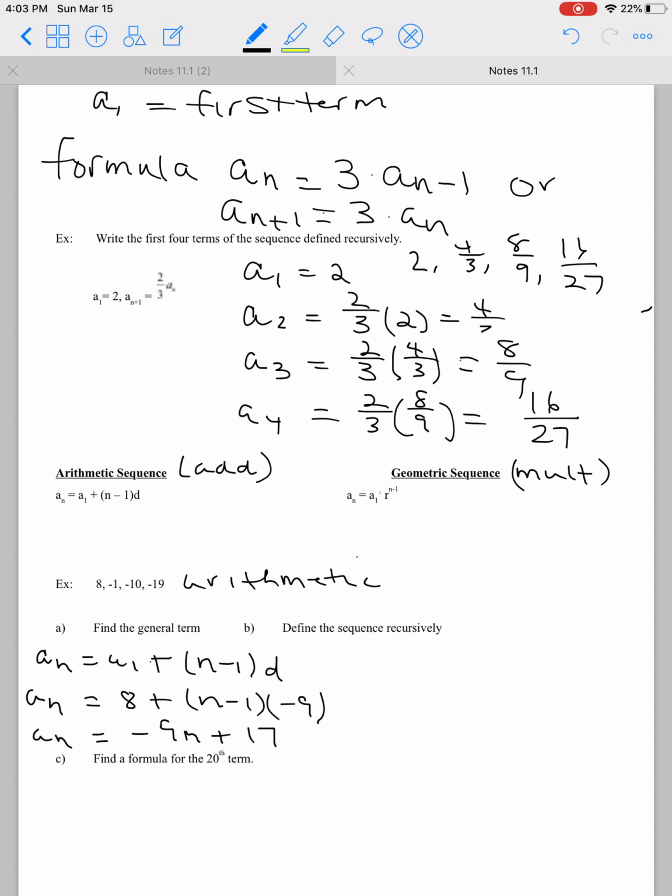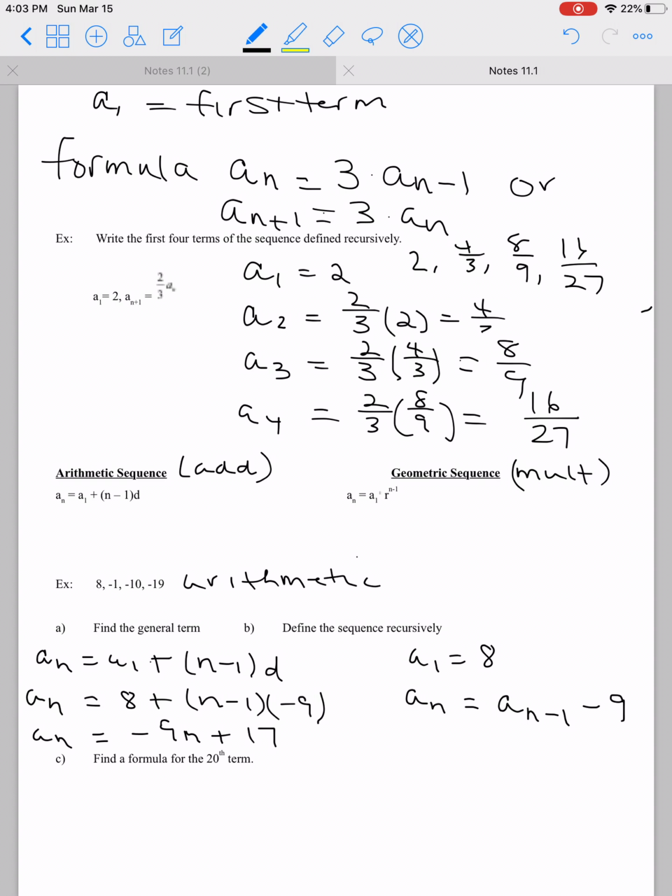For our recursive definition, we would start with our first term. That would be an 8. So a sub 1 is an 8. And then to get the next term, basically to go from term to term, we're going to take the one previous and we're going to subtract 9. And that would be our recursive definition. And then find a formula for the 20th term.